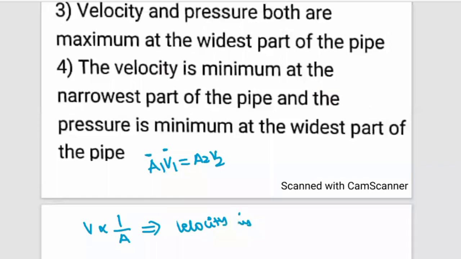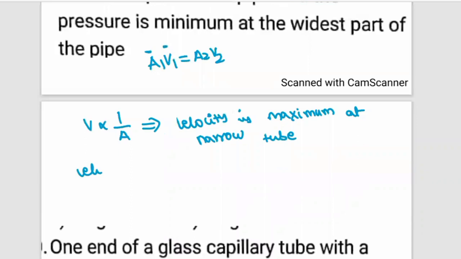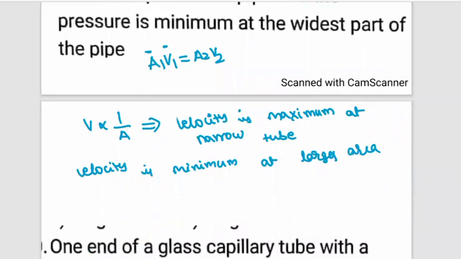So velocity is maximum at the narrow tube and vice versa. Velocity is minimum at the larger area. If you take the smaller part, here velocity is more, and at the larger part velocity is less.